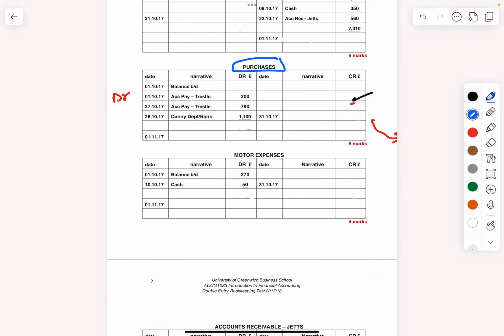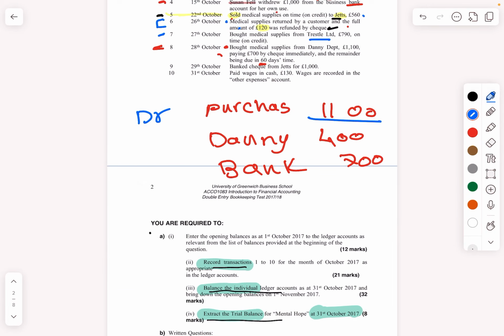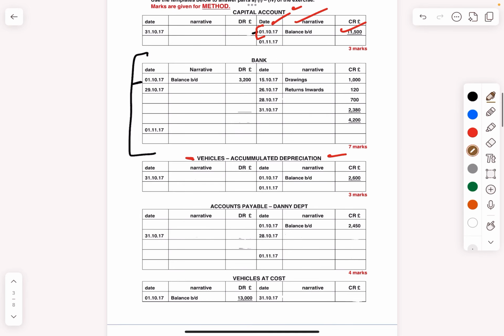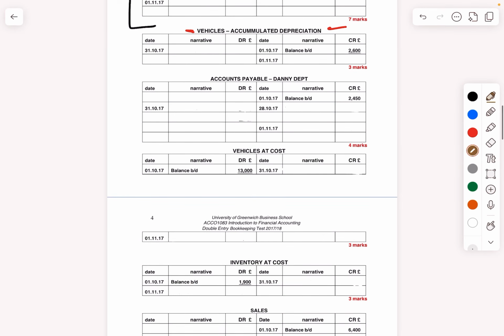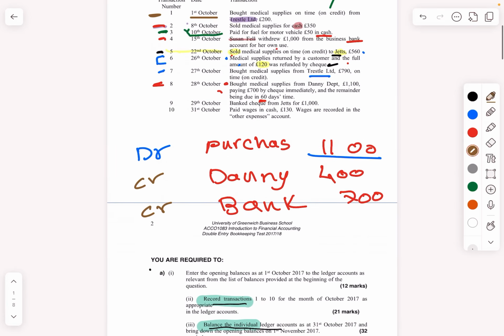We're gonna purchase 1,100 from Danny, and we're gonna credit the rest. So we're gonna credit Danny and credit bank because we lost money. We call it purchase, and Danny, this one is Danny. Okay, is that clear?